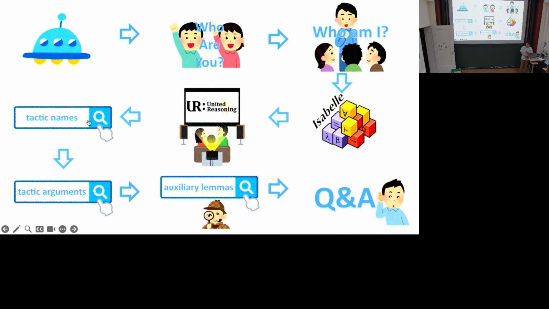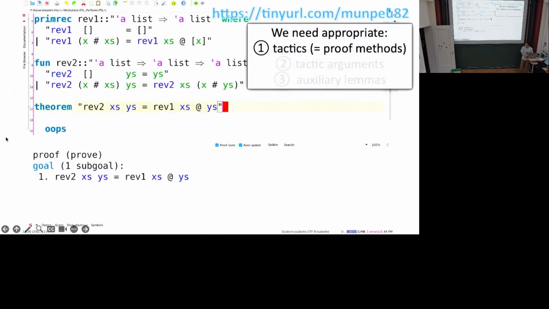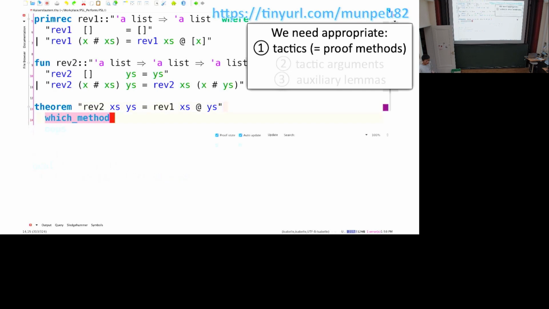And meanwhile, let's study how it works. There are three problems we have to address, right? We have to find out which tactics to use, or tactic names. For this one, I built a tool called Pamper, Proof Method Recommendation System. And here I'm invoking the tool by typing which_method here.